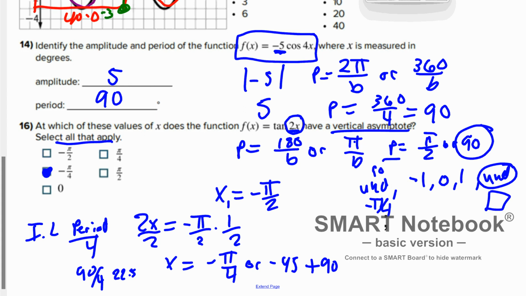Every period length it repeats itself, so it's going to go from undefined to undefined. So that would be a positive 45 degrees, which is pi-fourths. So that would be easier, not even using this interval length. All right, so that's it for that. So for tangent, you have to set equal to negative pi-halves, find that first x, that's where it's undefined, and then you can just add your period length to find out where the ending is at pi-fourths.